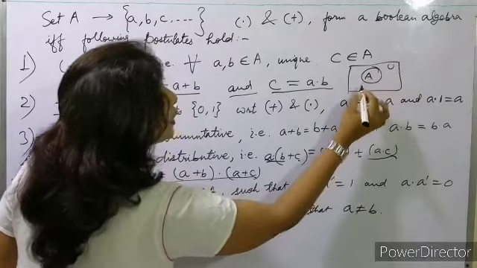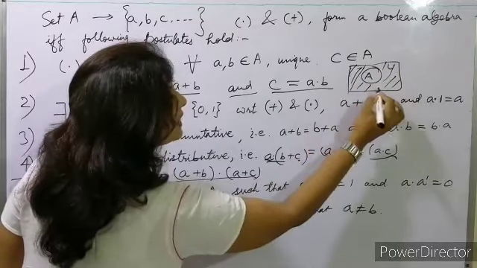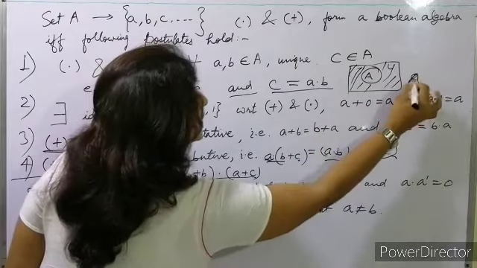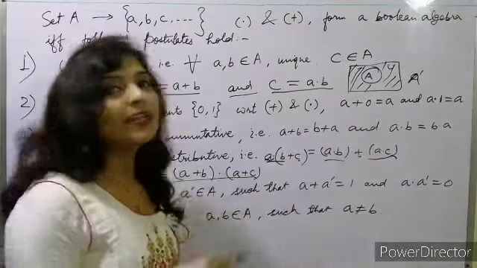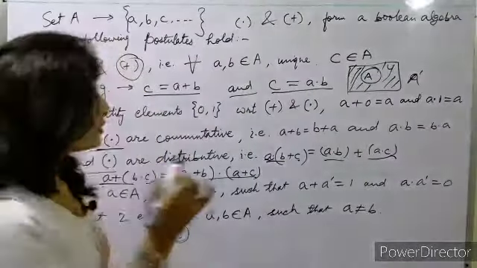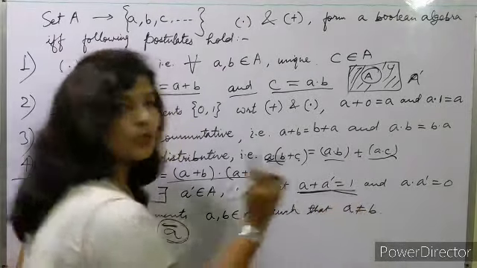This is A, so what will A dash be? Whatever is not in A, everything outside, comes under capital A dash. So when we are adding A and A dash we'll get the universal set, meaning 1. So that's why A plus A dash, A plus inverse of A, is equal to 1.